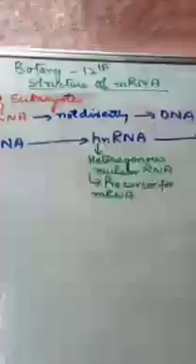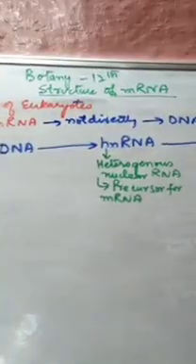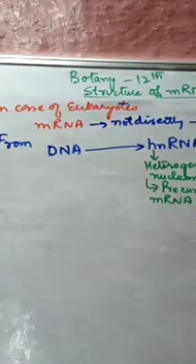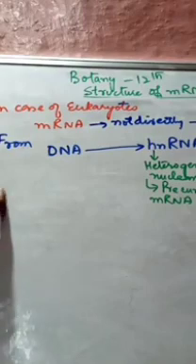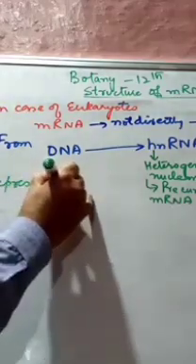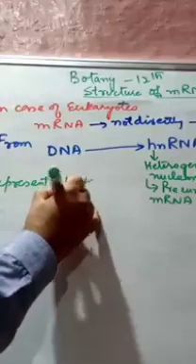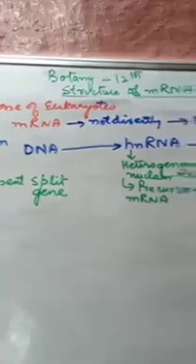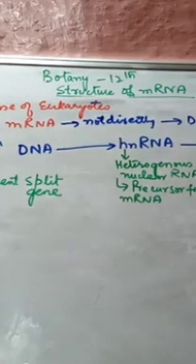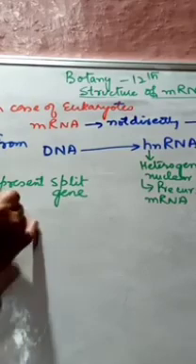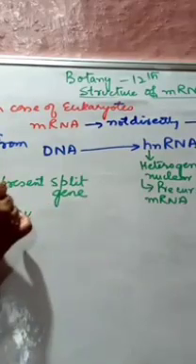Now, what is this hnRNA? It is simply the heterogeneous nuclear RNA, which represents the split gene. In this hnRNA, we will find two types of sequences.